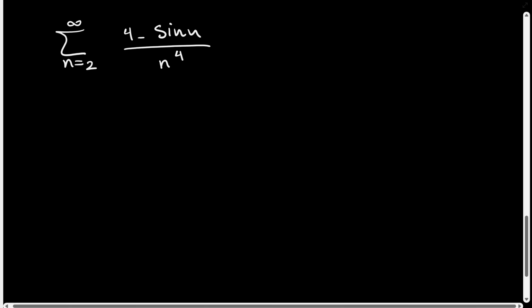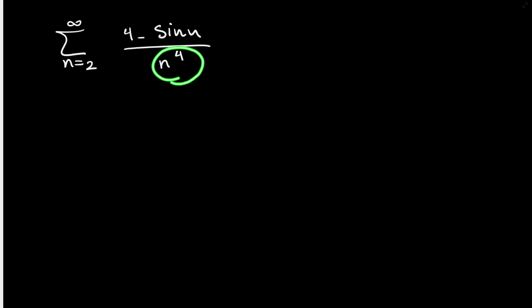The next series is pretty similar to the previous one. In the denominator, instead of n to power 1 half, it's n to power 4. I want to use direct comparison test to check if this series converges or diverges. So again, we are looking for another sequence to compare it with 4 minus sine of n over n to power 4. So let's make that series.